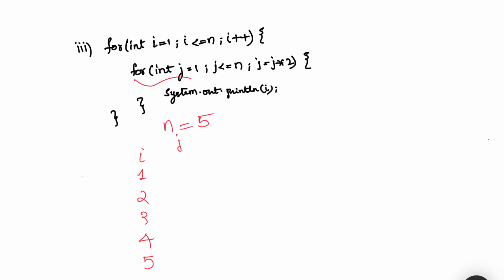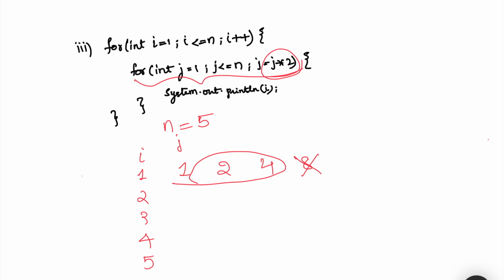And the inner for loop j starts from 1, independent of i, and is multiplied by 2 each and every time. So 1, and again 1 into 2 is 2, less than or equal to 5, 2 into 2 is 4, less than or equal to 5, and 4 into 2 is 8, 8 is not less than or equal to 5, the condition fails.